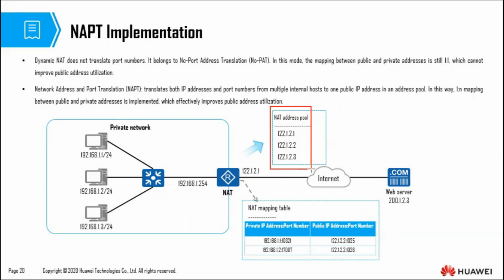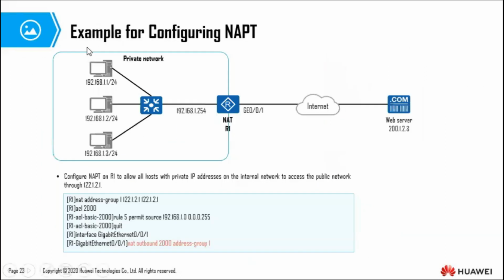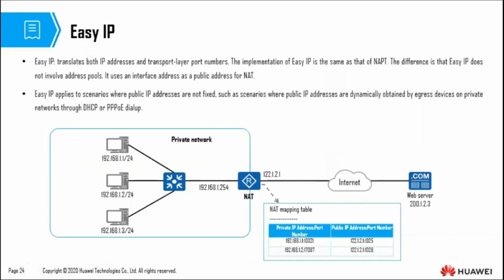On the other hand, with Easy IP, you only have a single public IP address in your pool. Otherwise, the working mechanism is the same.